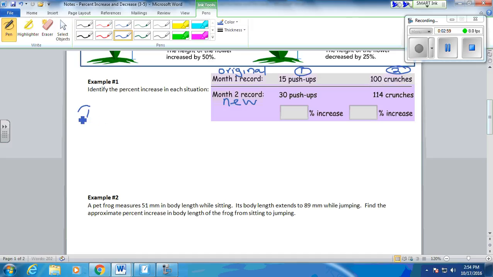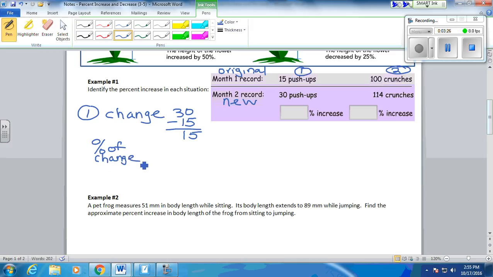So for the push-ups, the amount of change, again, is just going to be the difference between our original and our new. So we have 30 minus 15, which I know you can do in your head, but I'm just trying to show you where it's coming from. 30 minus 15 will give me 15. So if we go back to our notes, it's saying that the percent of change, and in this case, it's an increase.